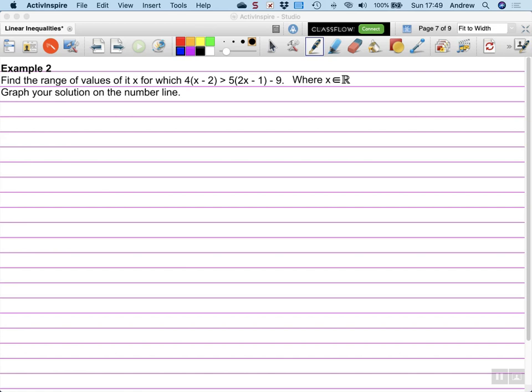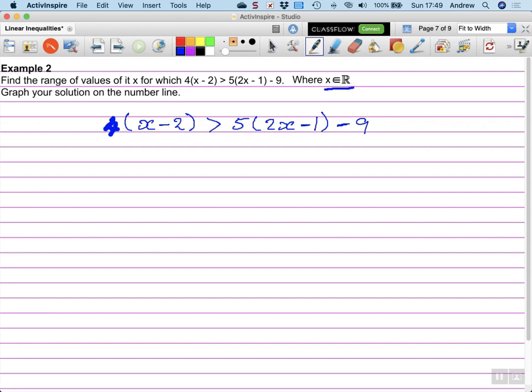So what we have here is we've got 4, open bracket, x minus 2, is greater than 5, open bracket, 2x minus 1, minus 9. Okay, now we're also going to be using x belongs to the real numbers.